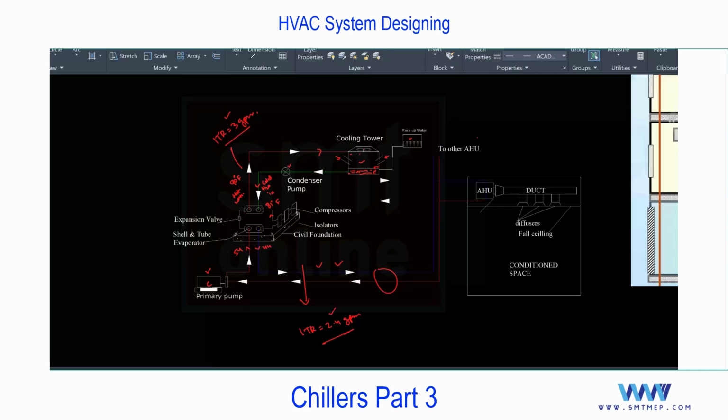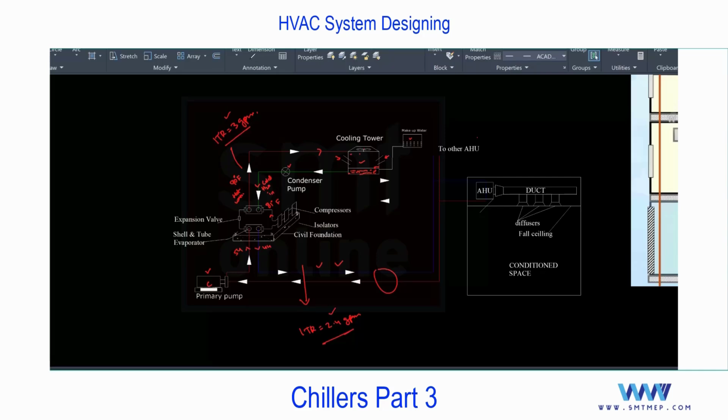So the difference is at the condensing side, no? Rest of the thing is the same. The primary cycle is the same, the refrigerant cycle and this secondary cycle are the same. But the difference is only at the condensing side. So this is important. From an interview point of view, you must use this term condenser. In an air cooled chiller, the condenser is cooled by using air, meaning the outside air, and we place that unit completely outside the building.